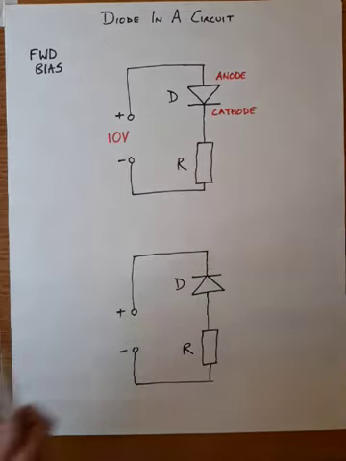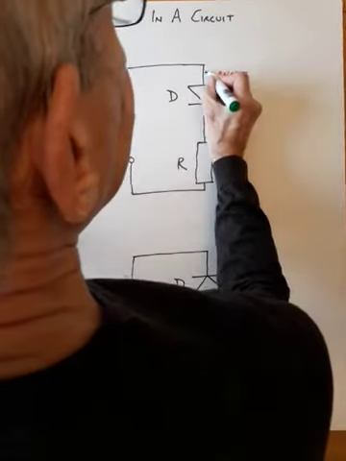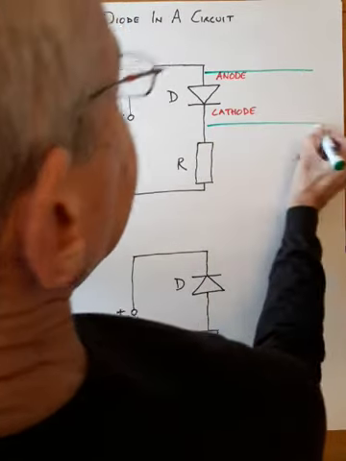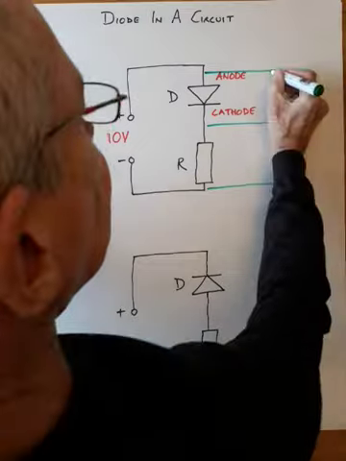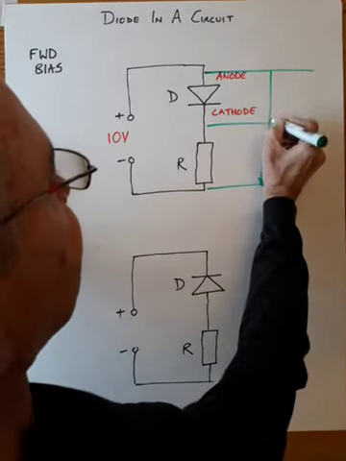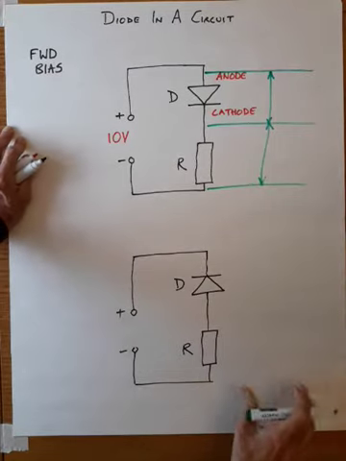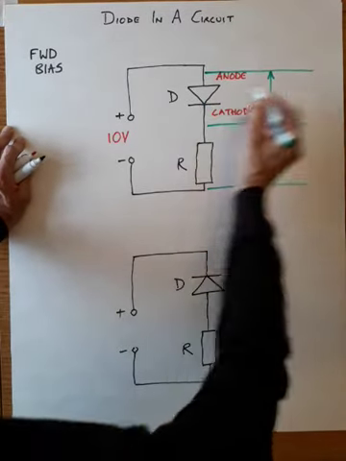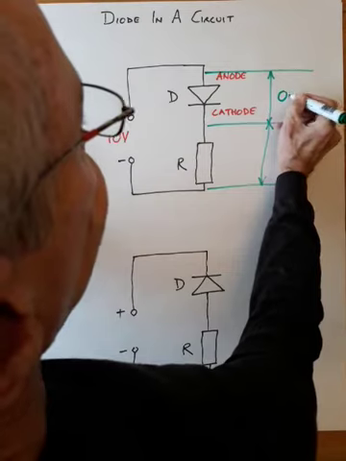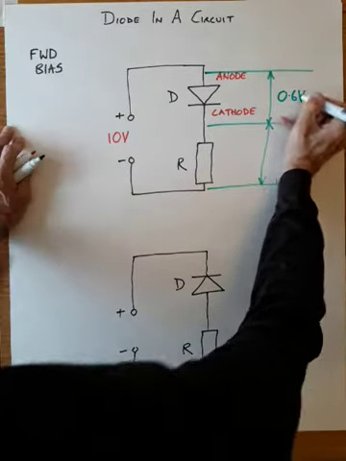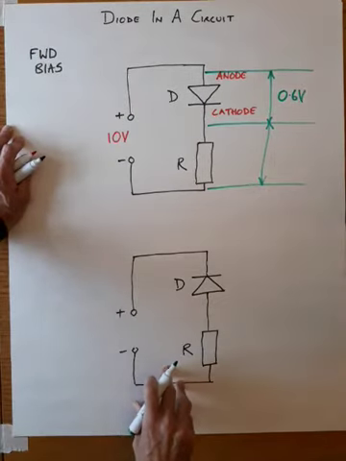And what will happen is we have a series circuit, and once the diode is conducting, its voltage will stay constant around 0.6 of a volt.